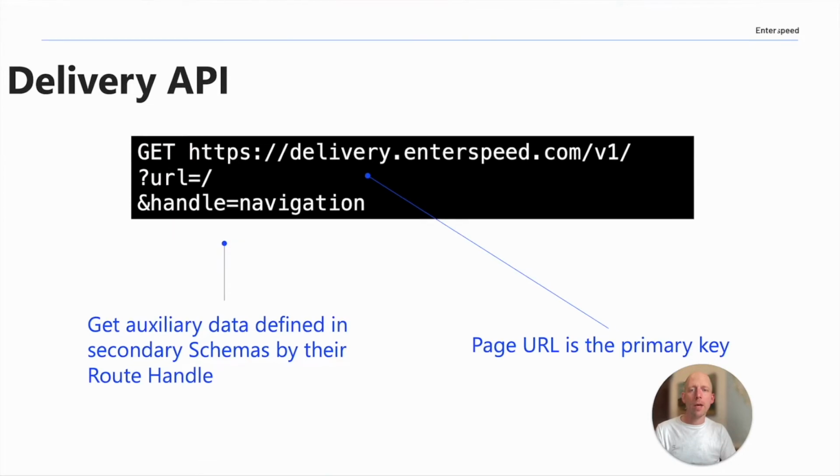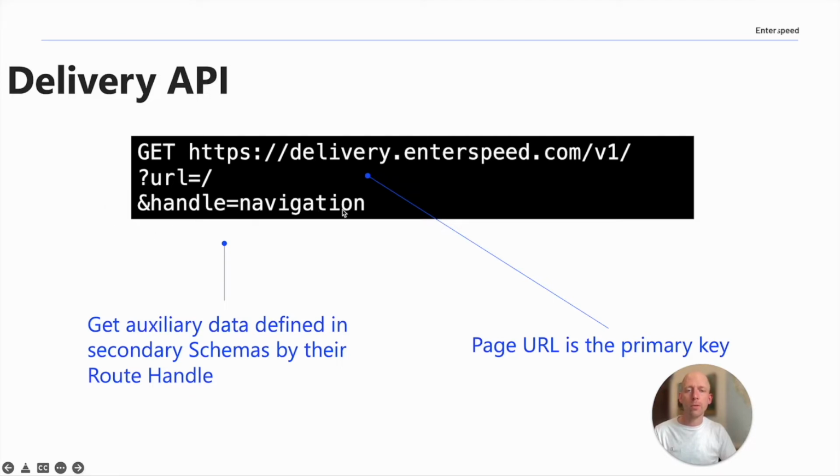Speaking of the delivery API, the way I introduce it is as a key value store, and we have two different kinds of keys. We have the URL you see here, so you can think of it as a headless copy or headless version of your pages in your CMS. The other type of key is the handle.